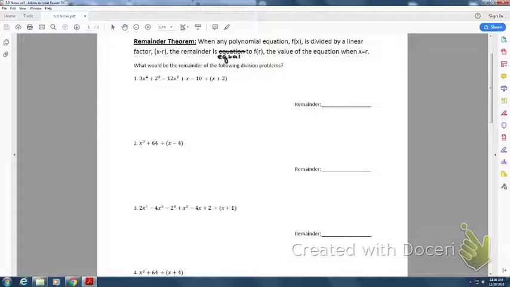So what that means in English is, if you're just asked for the remainder, all you have to do is take the x-intercept associated with that linear divisor, plug it in for x, and whatever that equals would be the remainder.